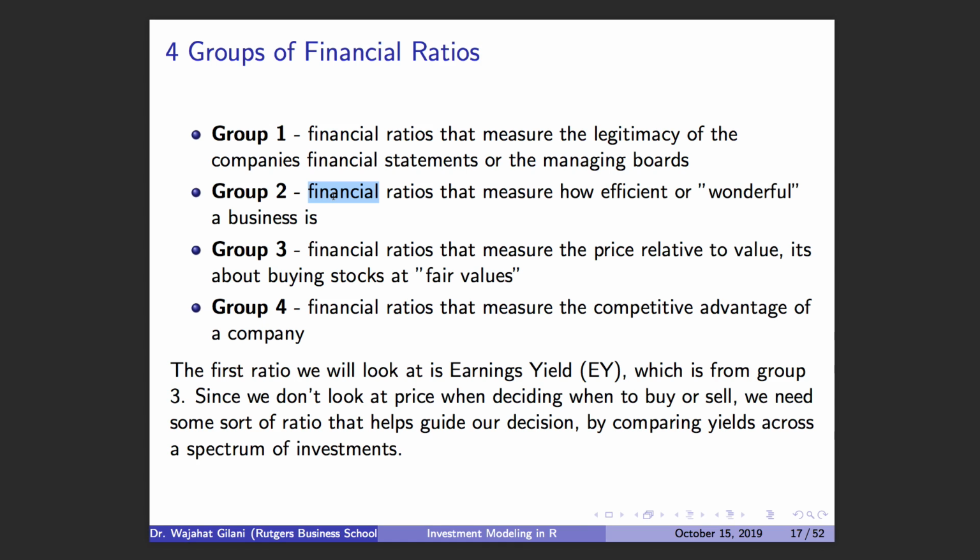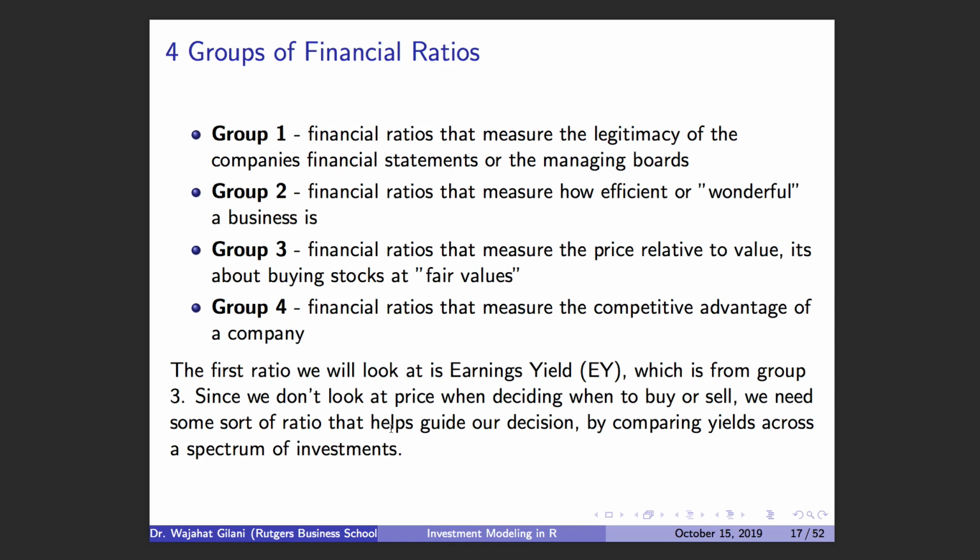In this semester, we're going to look at one ratio from Group 3 and one ratio from Group 2. Today, we're going to look at our first ratio, which is earnings yield, from Group 3, right? We, as value investors or quantitative value investors, remember, we aren't technical analysts. The price isn't the information for us, right?